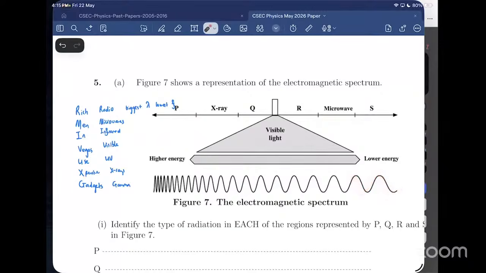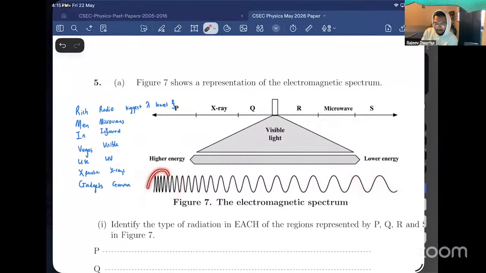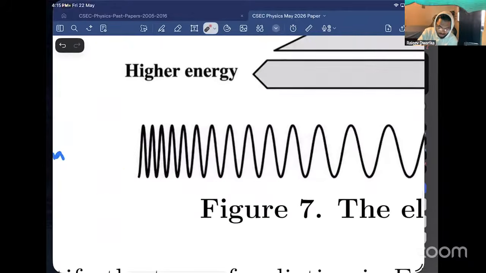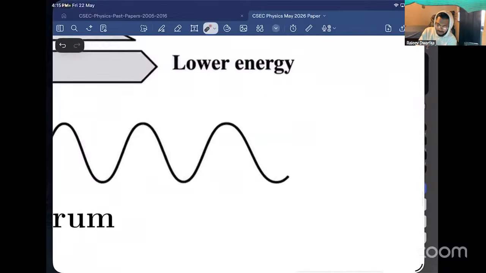Over here on this side, you see a very small wavelength. Remember, wavelength is just the distance between two successive crests or troughs. So the wavelength there is that, but the wavelength here is this, much bigger.